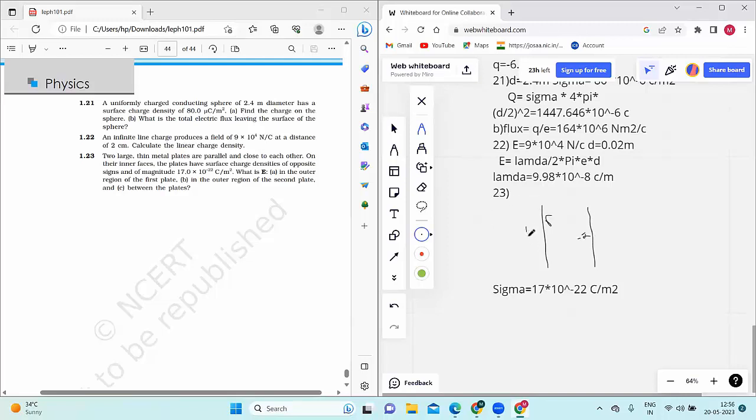Now let us take the Gaussian surface as a bigger one, including both the plates. Let us assume the electric field here will be E, and the area of the surface is dS.